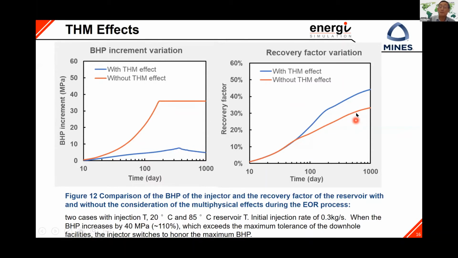This gives us more benefits here. This is the recovery factor for this particular model. Without THM impact, you see the recovery factor is really lower than the fully coupled approach, because of the physics behind it. So this gives some demonstration that thermal mechanical impact for CO2 flooding may be important.